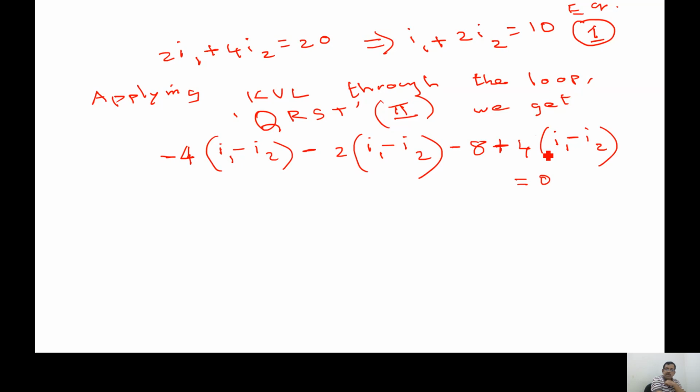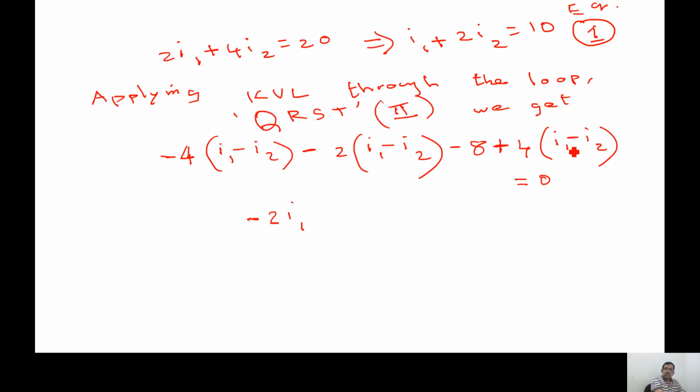So effectively, if you look at here, we will get minus 4 here, minus 2I. Let me combine the similar terms. Let us talk about the I1 term. We have a minus 6 I1 here, plus 4 I1, so it becomes effectively minus 2 I1. Then this is plus 4 I2, another plus 2 I2, and a minus 4 I2.